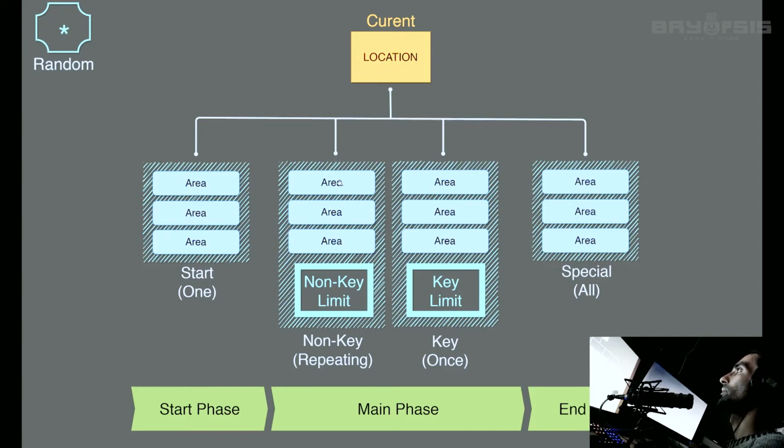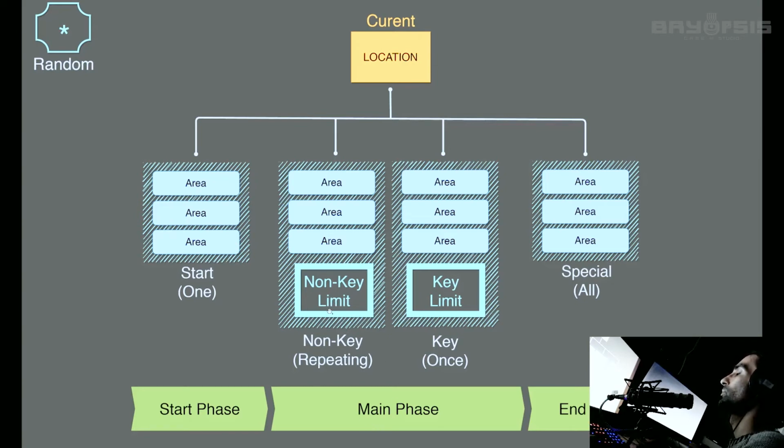So we have a list of these areas and one value, a limit. We can have a limit that is infinite, or we can have a random range. The same thing with the key. In this case, infinite means all. So we need a limit here, so we know when we stop.